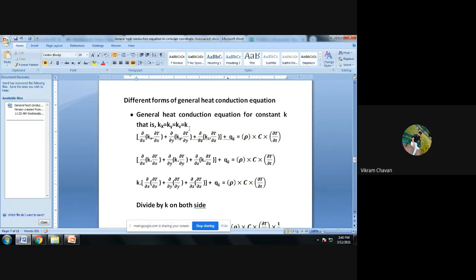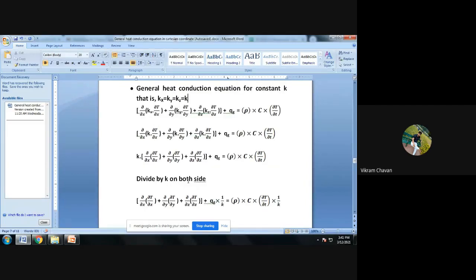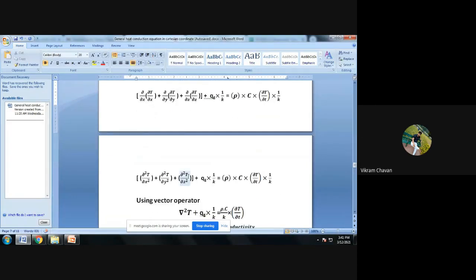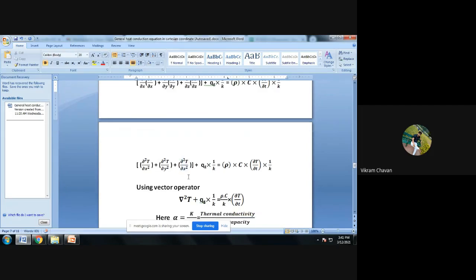So K is the constant, and we modified the general heat conduction equation by taking K common from the first term and dividing both sides by K. Applying the del operator once again for the differentiation, we get the equation in the double derivative form: del square T plus Q suffix G divided by K is equal to rho C divided by K multiplied by dabba T divided by dabba small t.